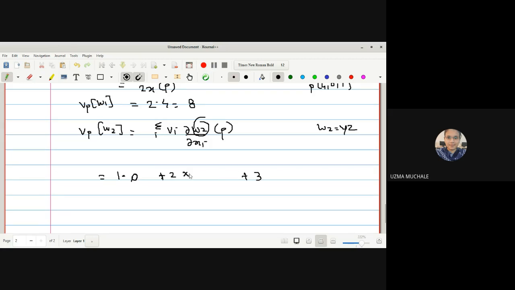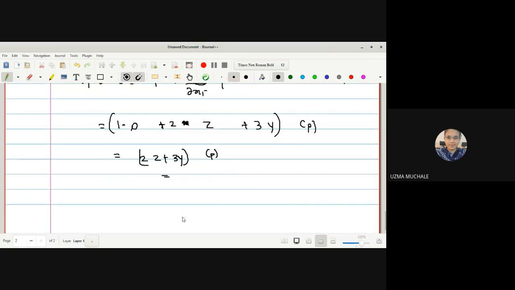W2 with respect to y is simply z, and w2 with respect to z is y, and we have to evaluate this at the point P. So we get 2z plus 3y evaluated at point P. 2z means 2 into the z coordinate at point P, which is (4, 0, 1).